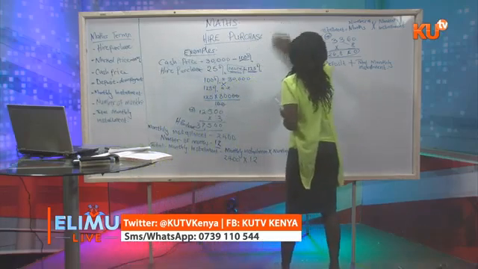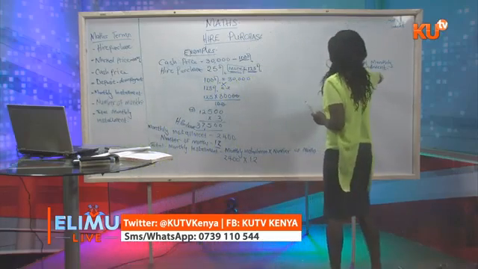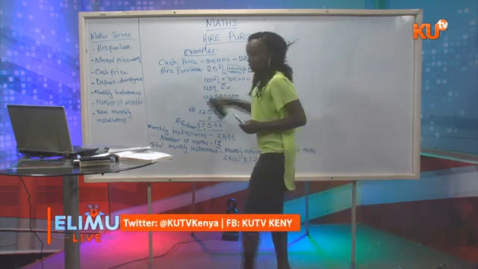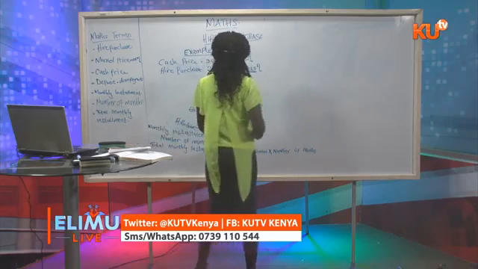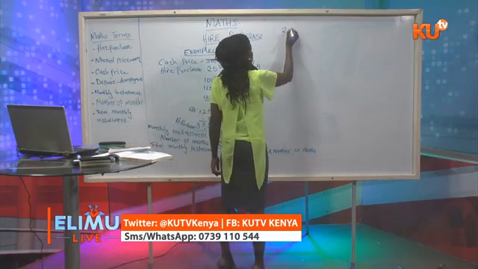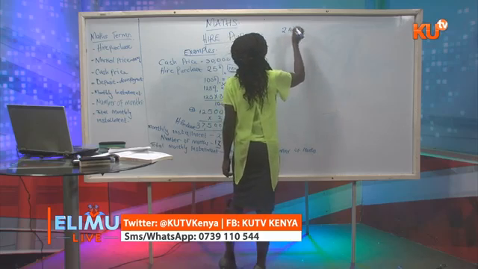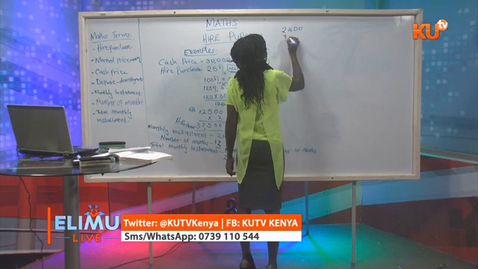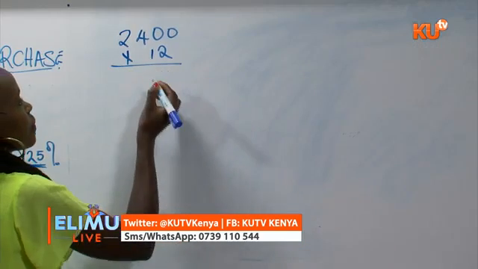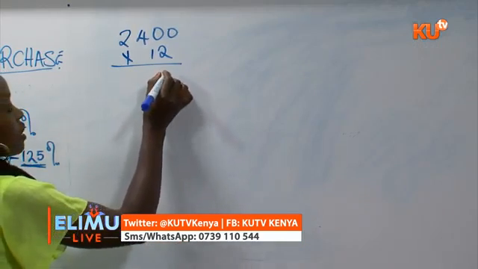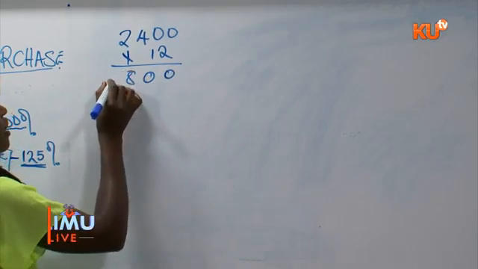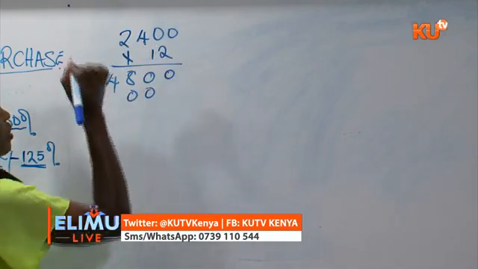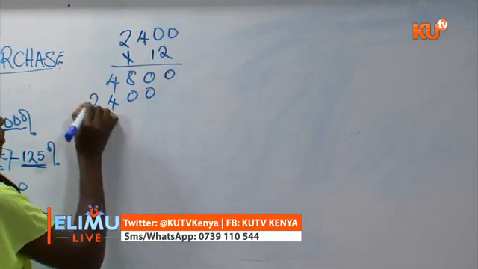We calculate now to see how much this person paid by the end of the 12 months. 2,400 times 12. 1 times 4 is 4. 1 times 2 is 2.